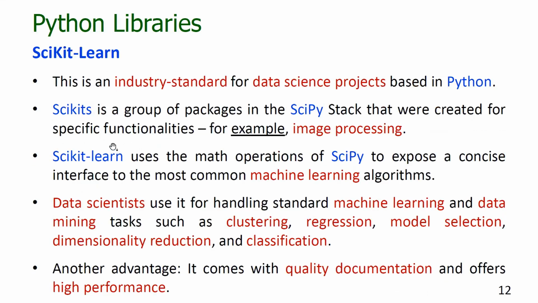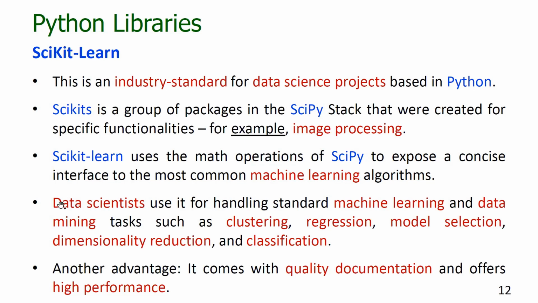Then the next library is Scikit-learn. This is an industry standard for data science projects based on Python. SciKits is a group of packages in the SciPy stack that were created for specific functionalities, for example, image processing. Scikit-learn uses the math operations of SciPy to expose a concise interface to the most common machine learning algorithms.